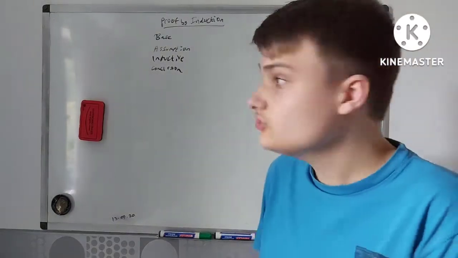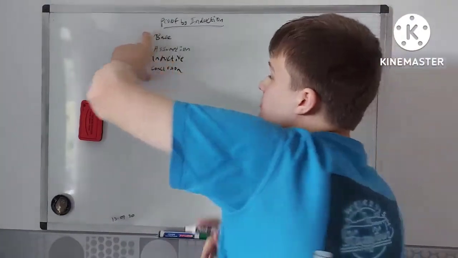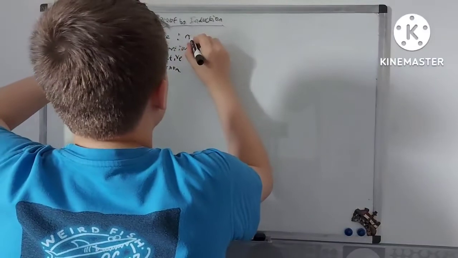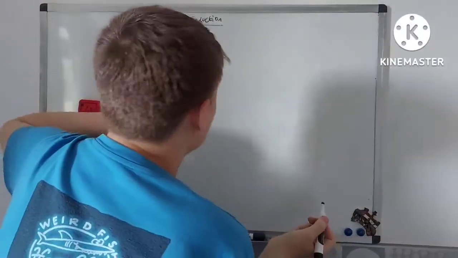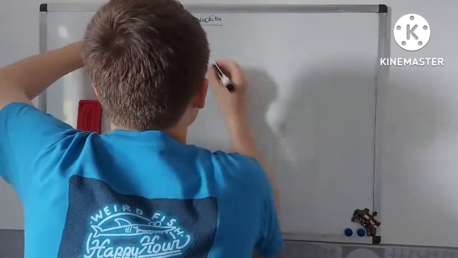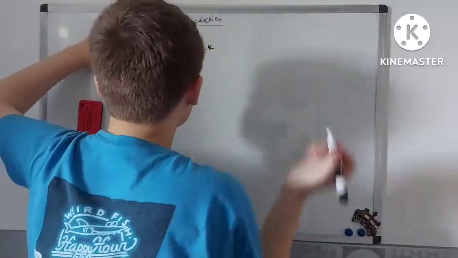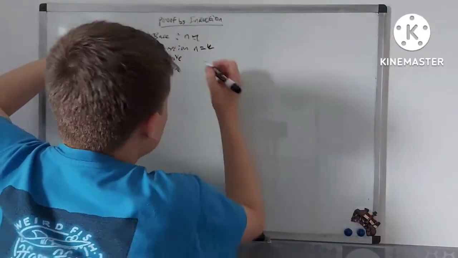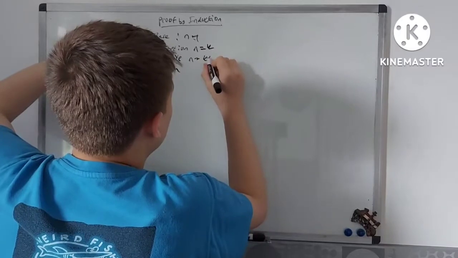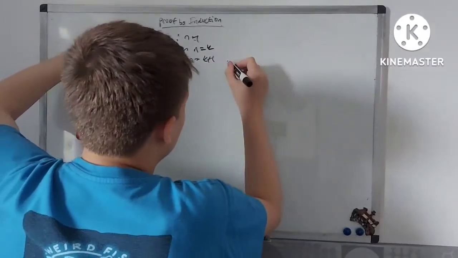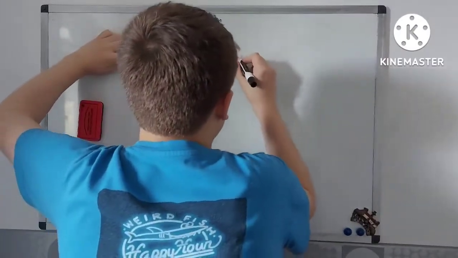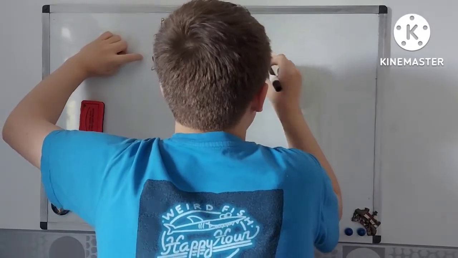Okay, so with proof by induction, we need to realise these 4 steps. The base case we always check is n equals 1. That's the bog standard, it's really easy. The assumption is that n is equal to k. The inductive step is where you have to do some work: n equals k plus 1. If it's proving divisibility, you do f of k plus 1 minus f of k.